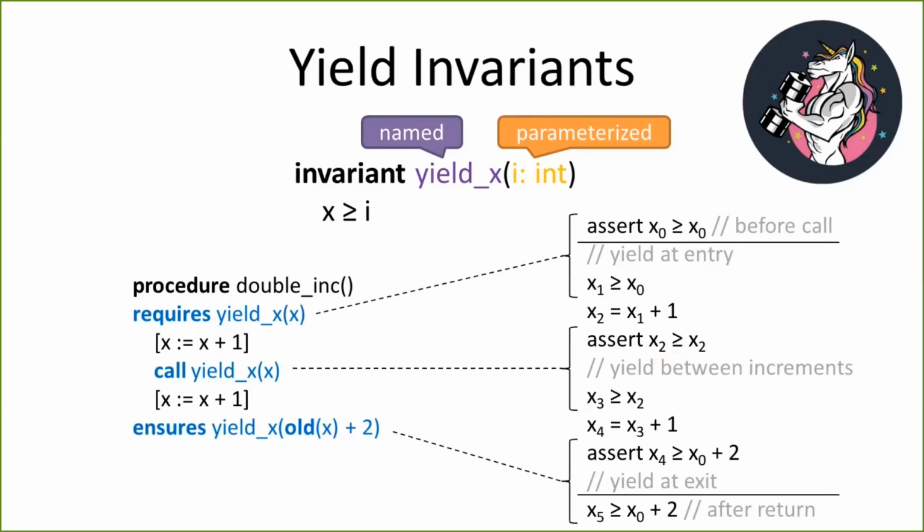So old x really is a shorthand for x0. And by guaranteeing the interference freedom of the postcondition, the caller can now reason, after yet another interference point, that the value of x, let's say x5, when the call returns, is greater or equal to the value of x at the invocation, just incremented by 2.